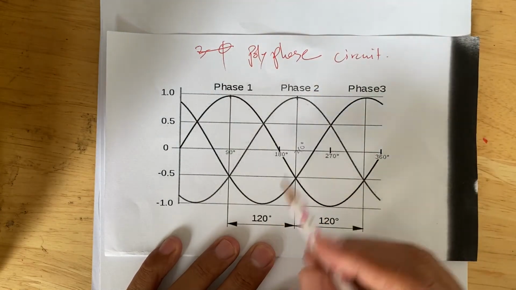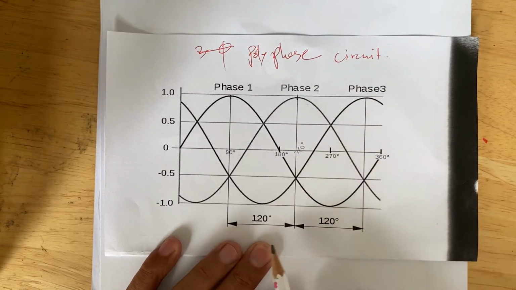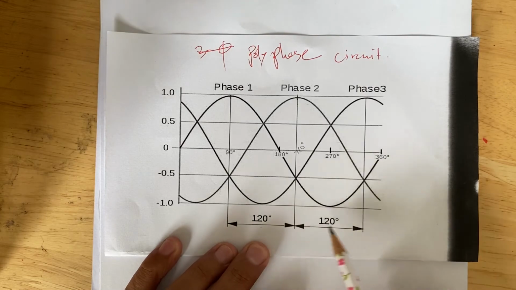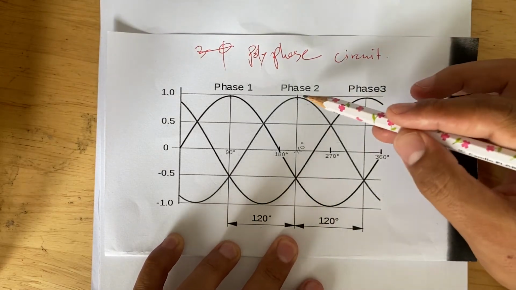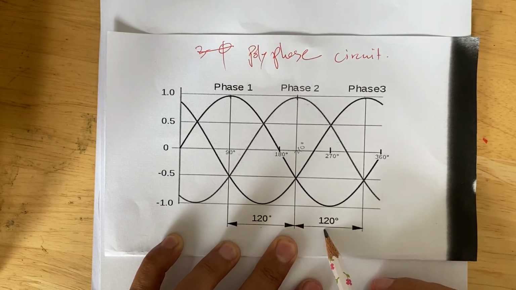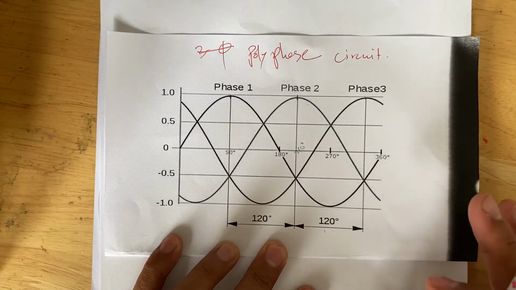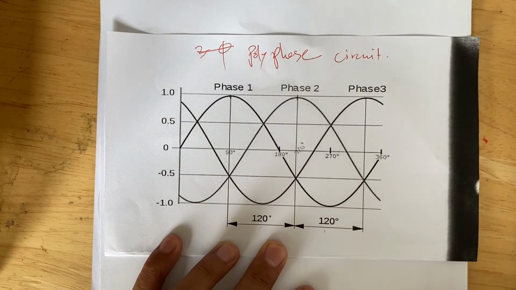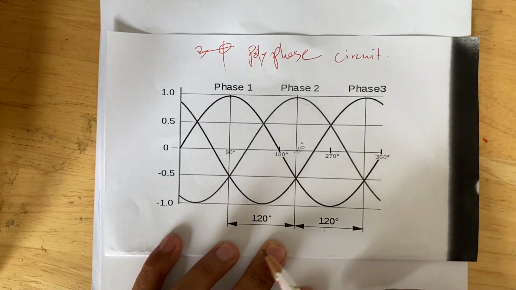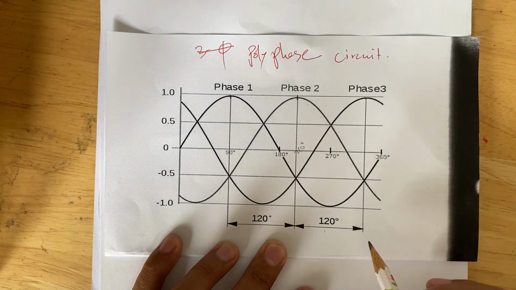Between these two peak amplitudes, there is a phase shift or phase difference of 120 degrees. And similarly, if you compare phase 2 and phase 3, you again have a 120 degree phase difference, which means the three-phase system is the combination of three single phases where each phase is separated by 120 degrees.